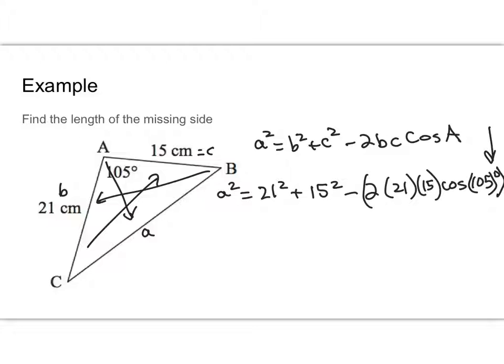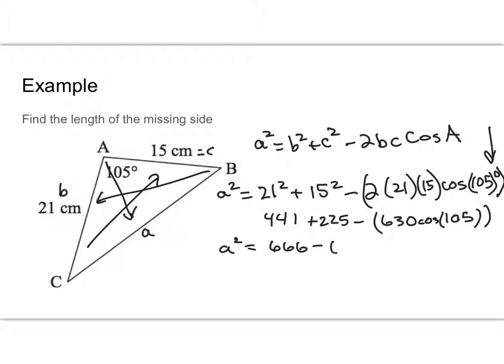So 21 squared is 441 plus 225 minus 630 cosine of 105, which makes this a squared equals 666 minus 630 times the cosine of 105.